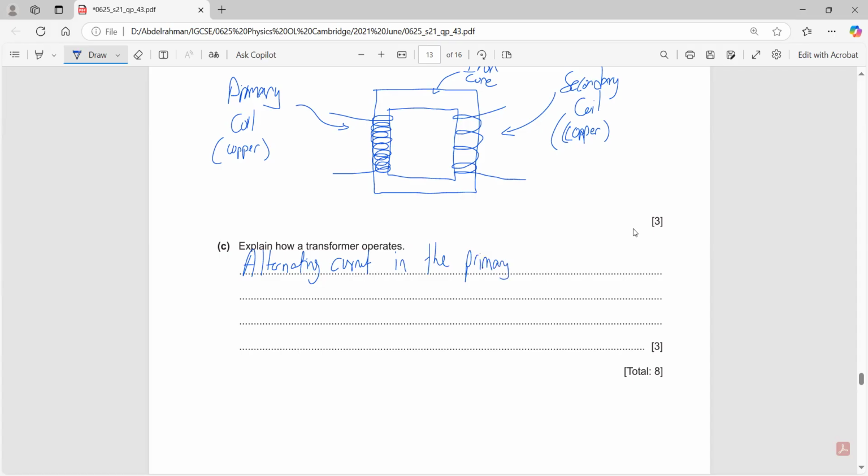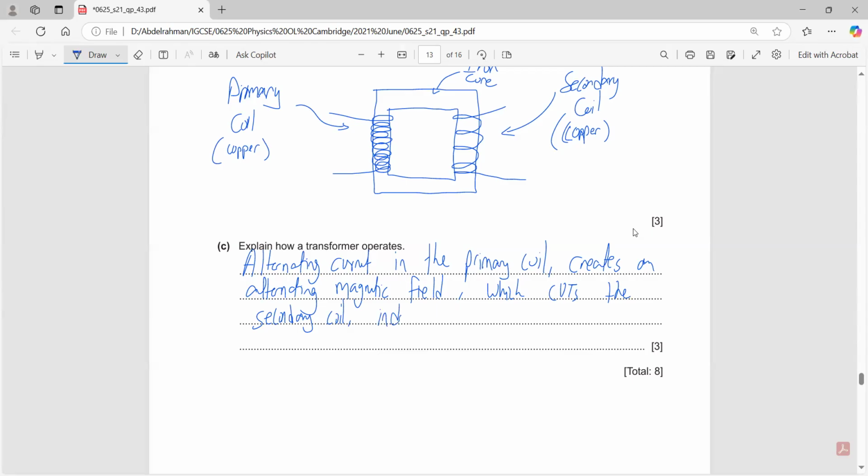The primary coil creates an alternating magnetic field, which keeps on cutting. You have to say that cuts. This is one very, very important keyword, which cuts the secondary coil, inducing an alternating current in the wire.